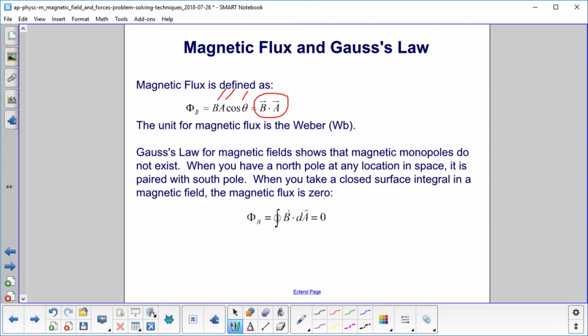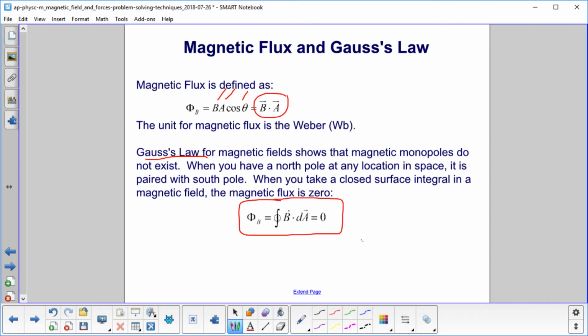Gauss's law for magnetic fields shows that magnetic monopoles do not exist. When you have a north pole at any location in space, it is paired with the south pole. When you take a closed surface integral, that's this thing right here, in a magnetic field, the magnetic flux through that surface is zero. And that is Gauss's law for magnetism.